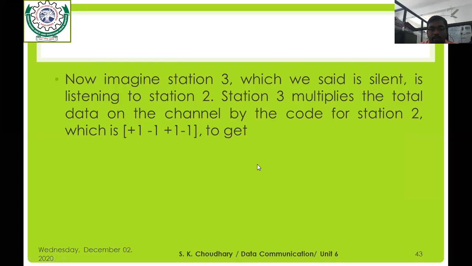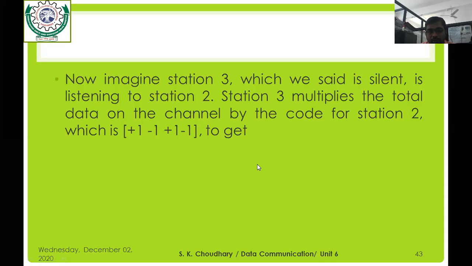Now imagine station 3, which is silent here, is listening to station 2, and station 3 multiplies the total data on the channel by the code for station 2, which is +1, -1, +1, -1.